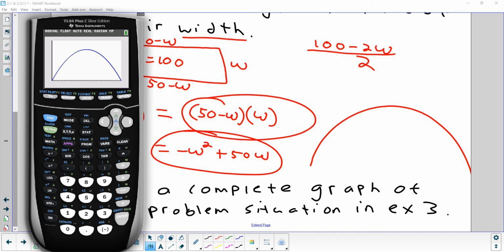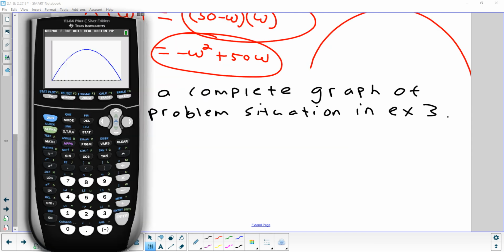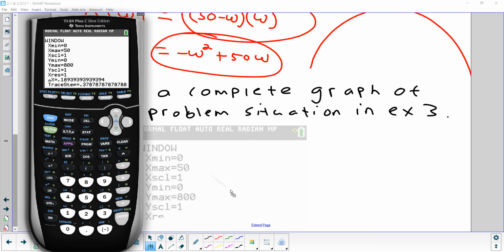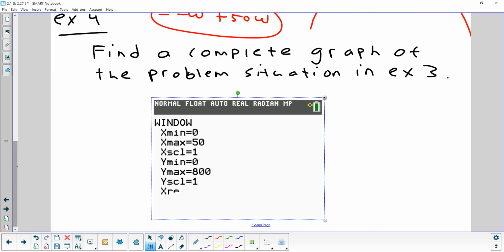And that curve represents all the different areas that you can have. They didn't ask us to find the maximum area. That's usually what this type of question asks for. So all you have to write down for this is your window, specifically x min and max, y min and max.